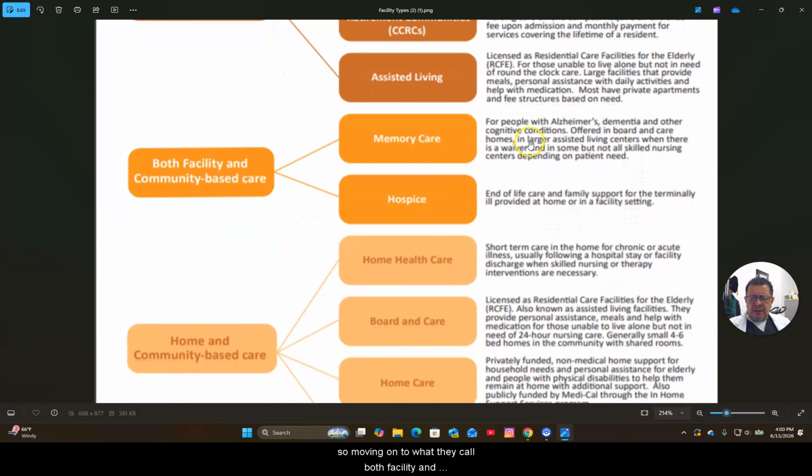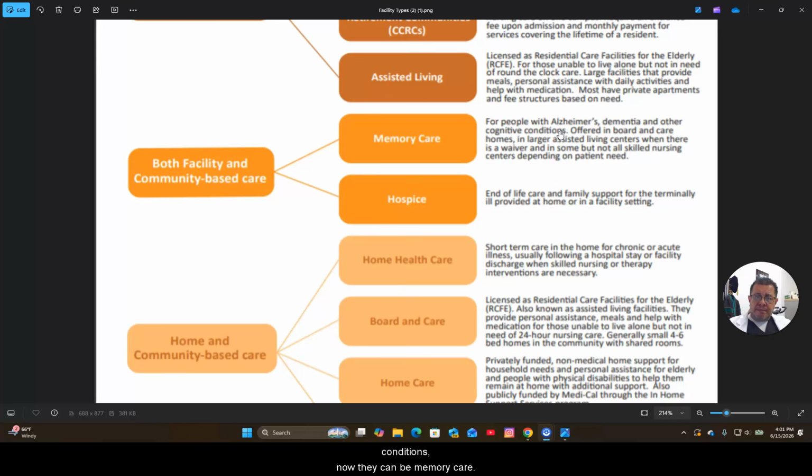So moving on to what they call both facility and community-based care. These types of facilities are memory care and hospice. Now, memory care, as you would imagine, is for dementia, Alzheimer's, patients that have cognitive conditions.